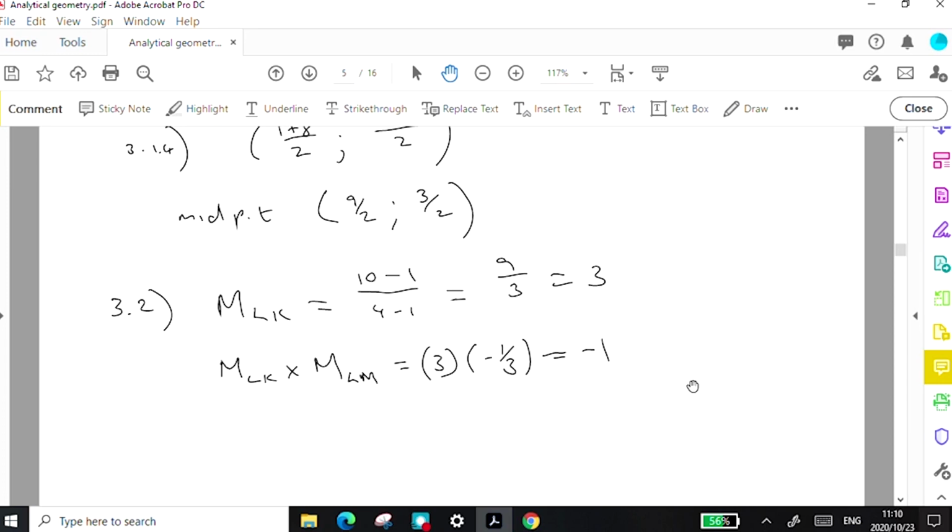Since the product of the two gradients is equal to minus 1, therefore the two lines are perpendicular. And therefore LK is perpendicular to LM.